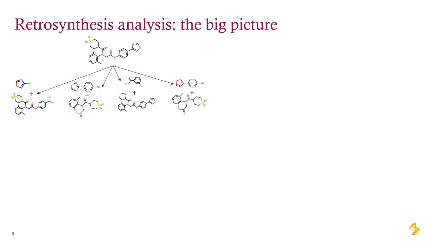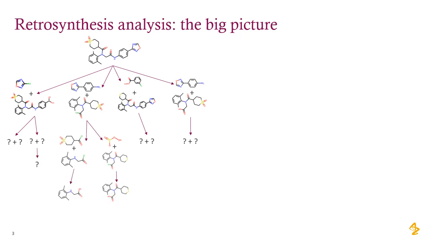And there are many bonds that can be broken, resulting in different precursors. And then we do this iteratively until we have reached a stop criterion, which is typically that we have found precursors that are in stock.